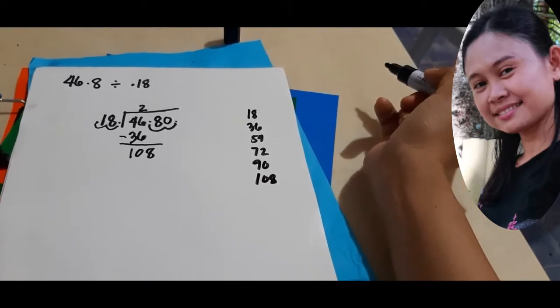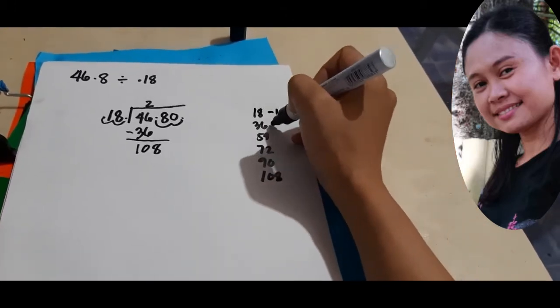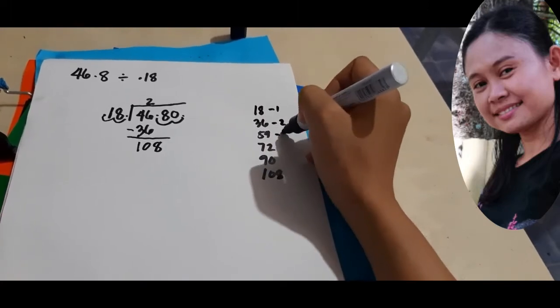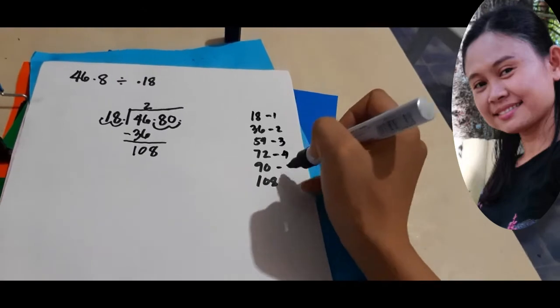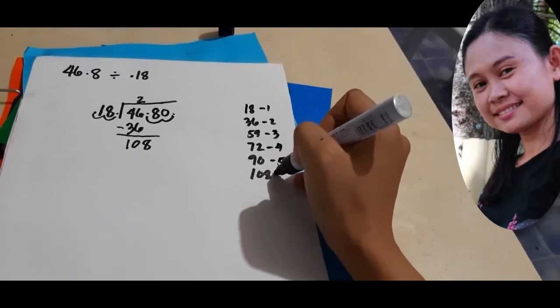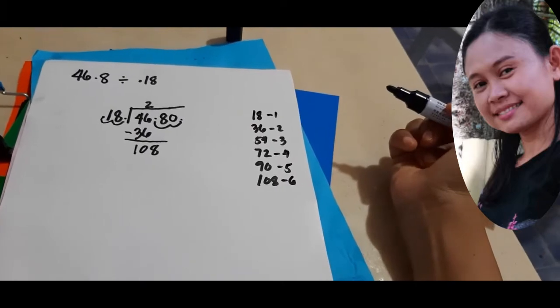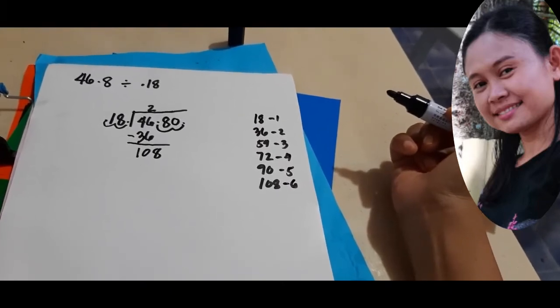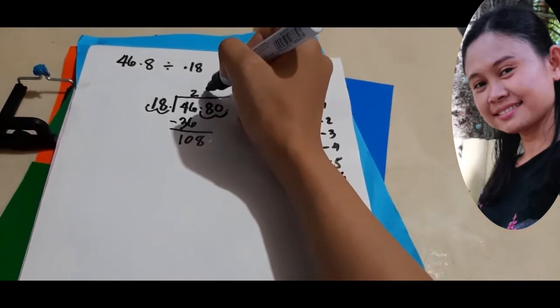Let's count how many 18s are in 108. 1, 2, 3, 4, 5, 6. So there are six 18s in 108. So we have to place 6 here.